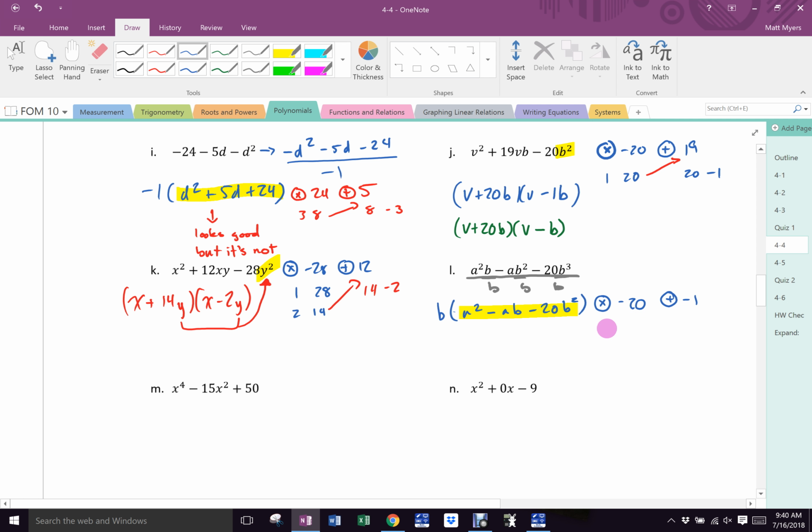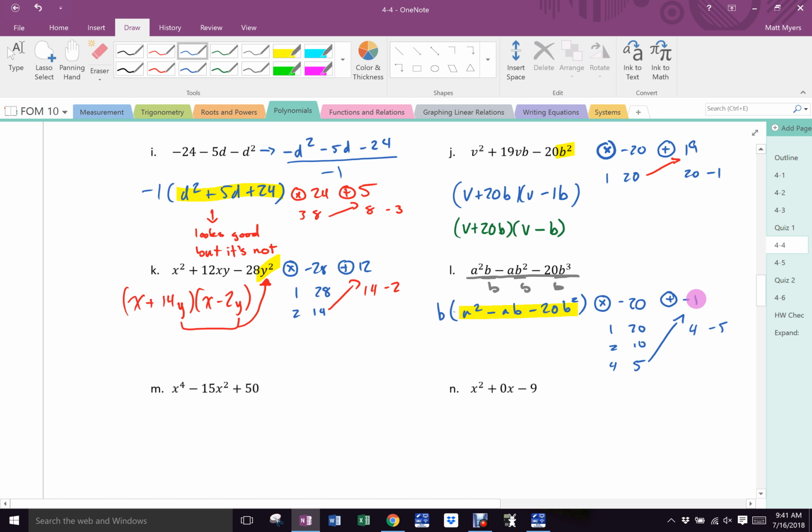Is it 1 and 20? 1 and 20 will get me to negative 1. Is it 2 and 10? Is it 4 and 5? Or does it not factor? Because those are your only options. It is 4 and 5. How?